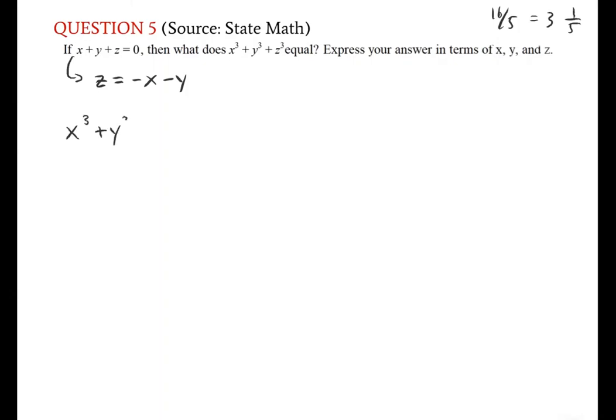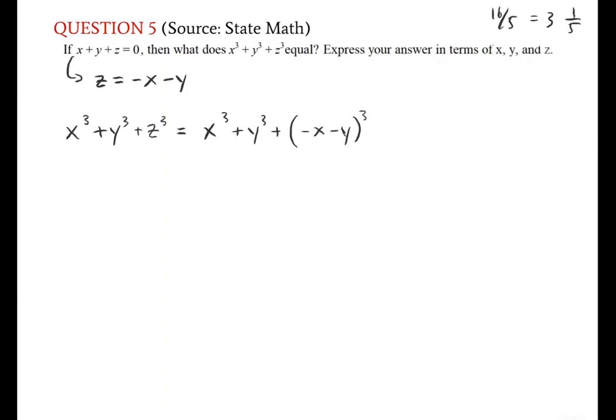I'm going to write out the second equation that they give us, x cubed plus y cubed plus z cubed, and we can substitute this into the equation. So x cubed plus y cubed plus negative x minus y, all cubed.